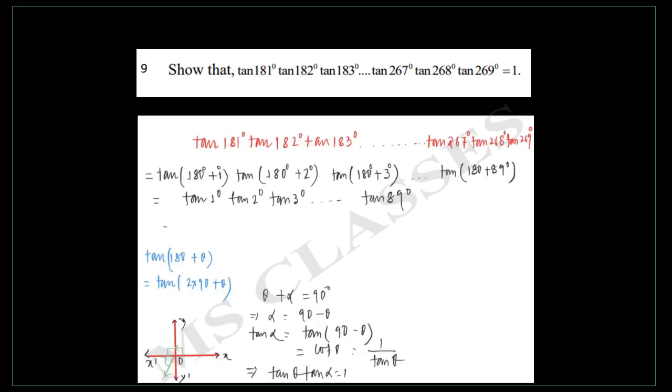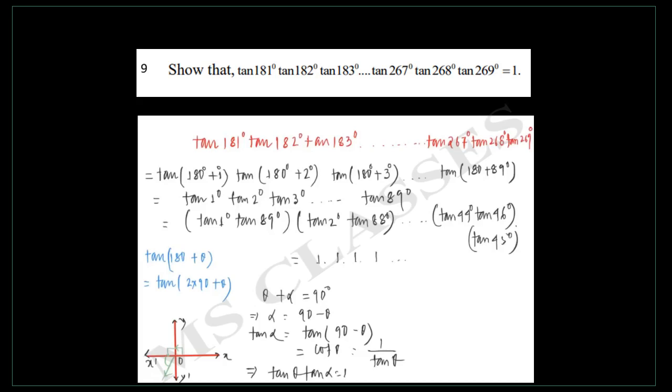So you can rewrite this as tan 1 degree, tan 89 degree, tan 2 degree, tan 88 degree, and so on, tan 44 degree, tan 46 degree. So if it goes on this way, we have another term obviously tan 45 degree, which is also 1. So what we'll do is simply multiply each as 1.